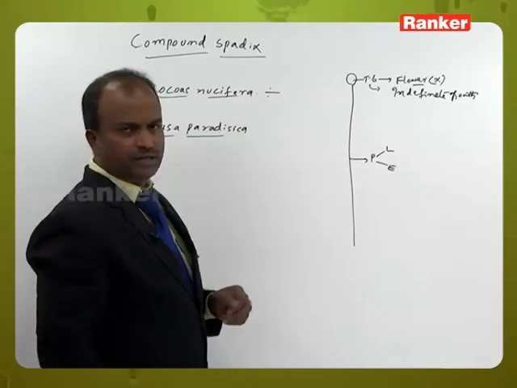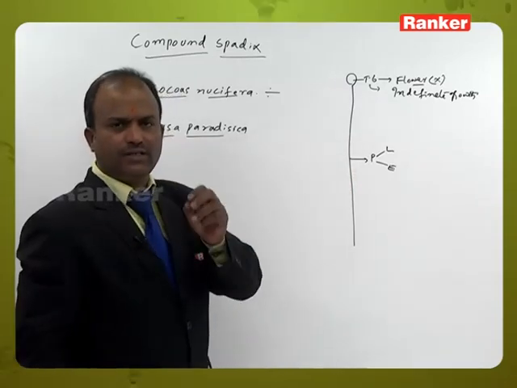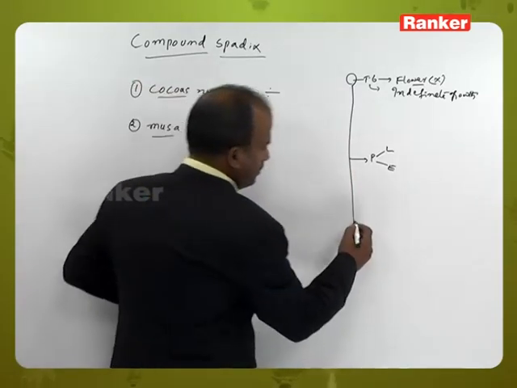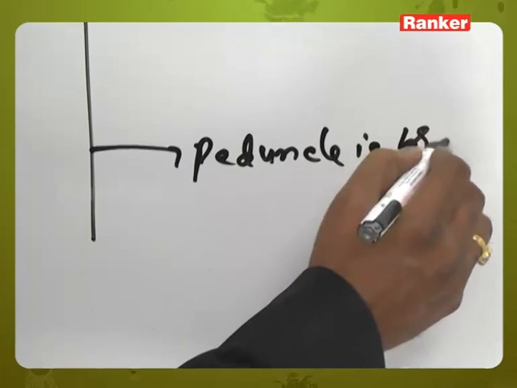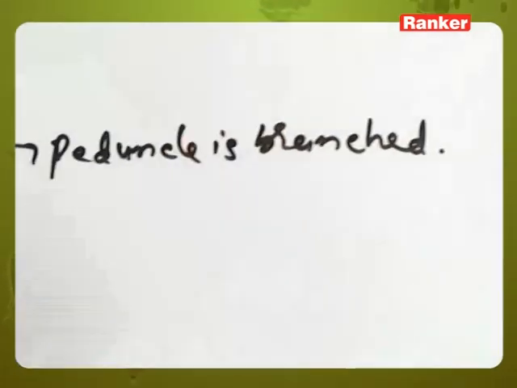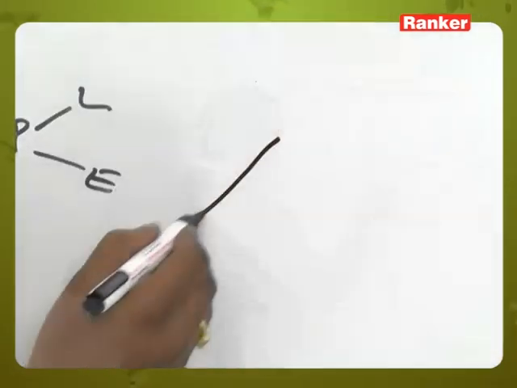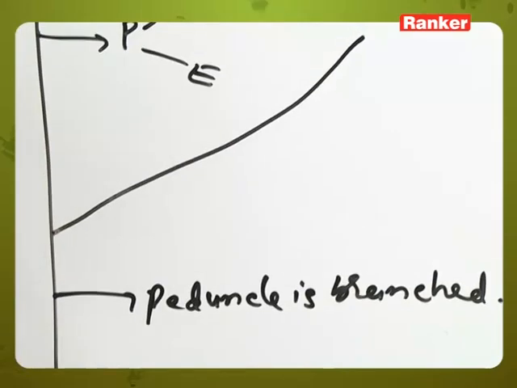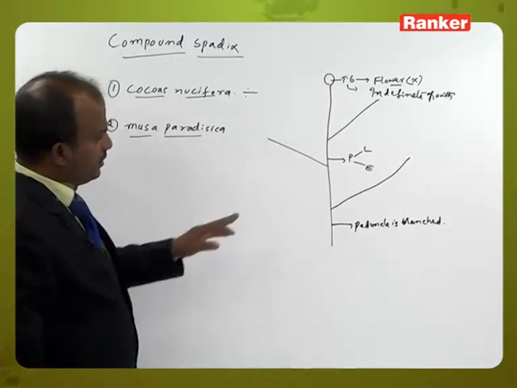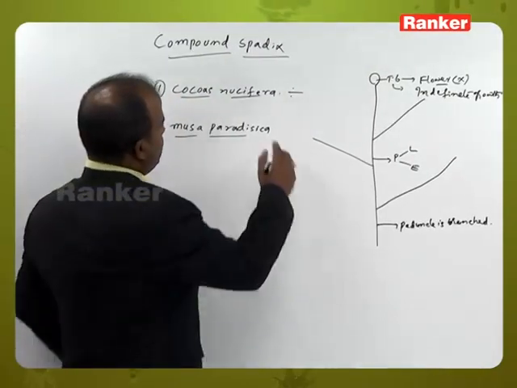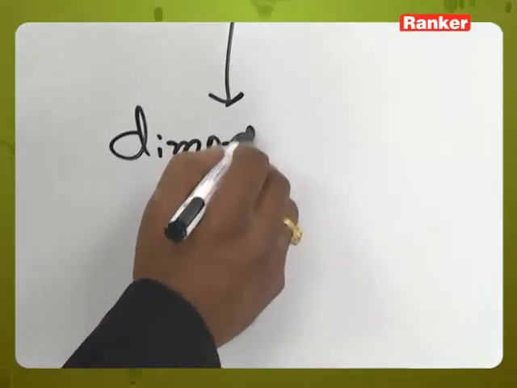In this compound Spadix, whether the peduncle is branched or unbranched: here the peduncle is branched. On each branch of the peduncle in Cocos nucifera, it shows dimorphic flowers.